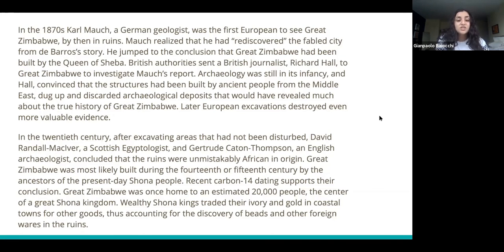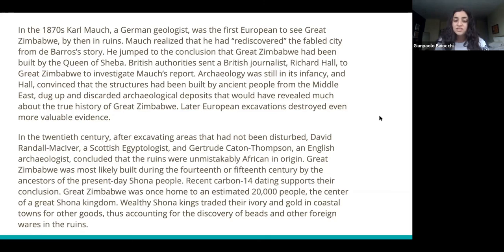In the 20th century, after excavating areas that had not been disturbed, David Randall McIver, a Scottish Egyptologist, and Gertrude Caton Thompson, an English archaeologist, concluded that the ruins were unmistakably African in origin. Great Zimbabwe was most likely built during the 14th or 15th century by the ancestors of the present-day Shona people.